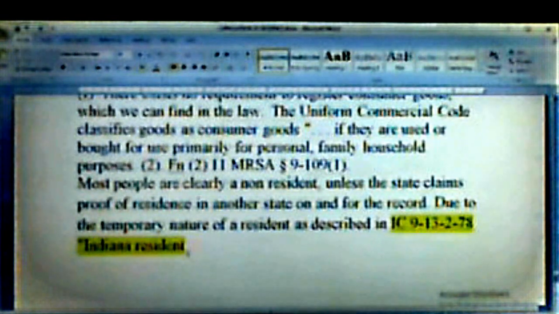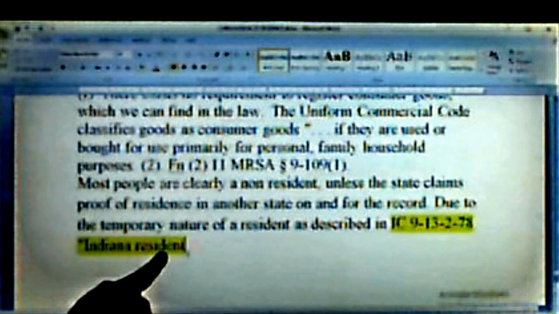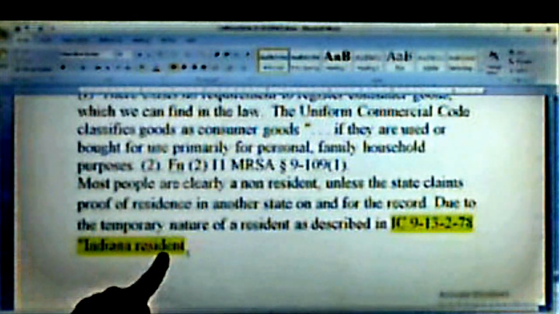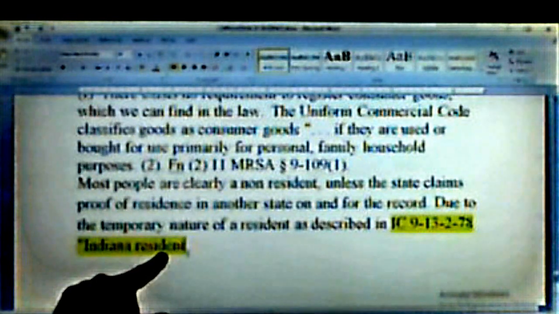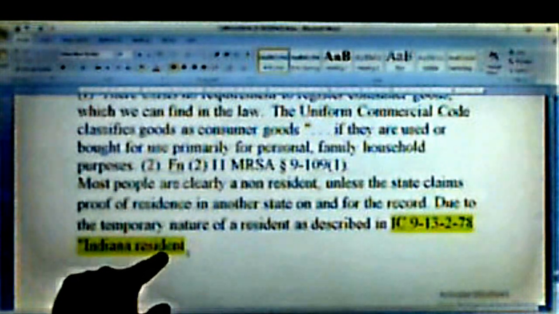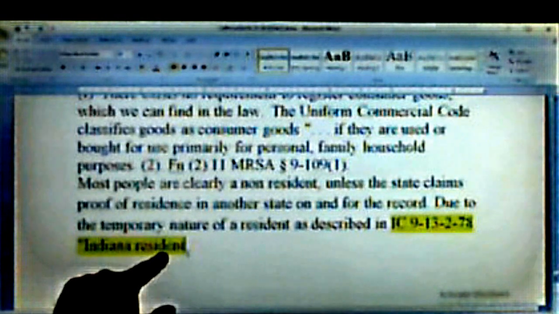In other words, if I lived in Ohio and I came over to Indiana and I had a legal residence here and I stayed here for more than 60 days but kept my legal address in Ohio, I would have to register as a resident. Because now I become involved in commerce. Because I'm over here for some sort of vacation, I'm buying goods, I'm doing things. Y'all see how that works?